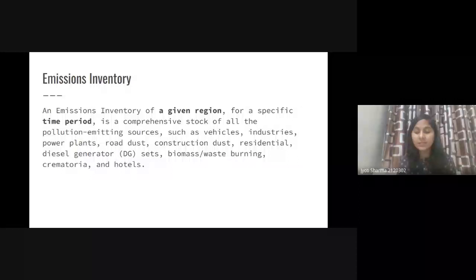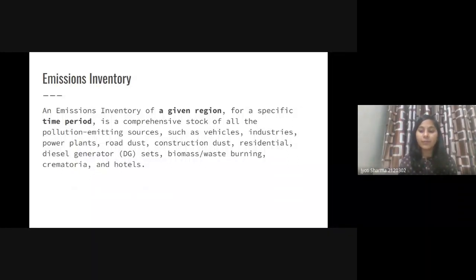And carbon dioxide is just one pollutant. We can also classify different types of gases or pollutants, and we can give the emission inventory of it. And the emission inventory can be in different ways. For example, we can give the value pollutant wise.